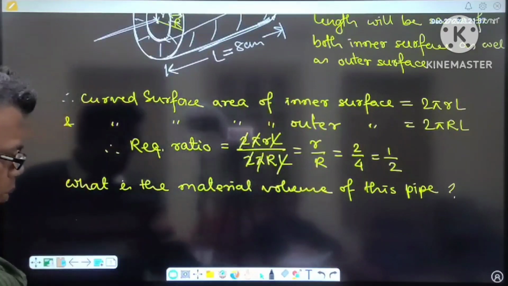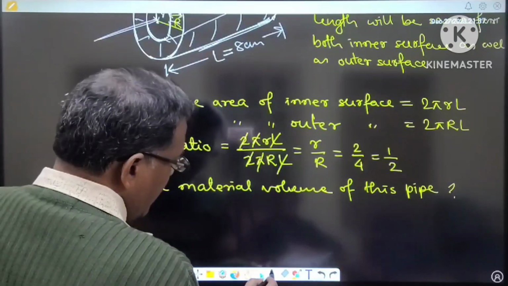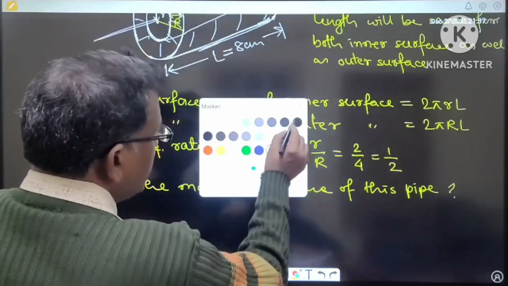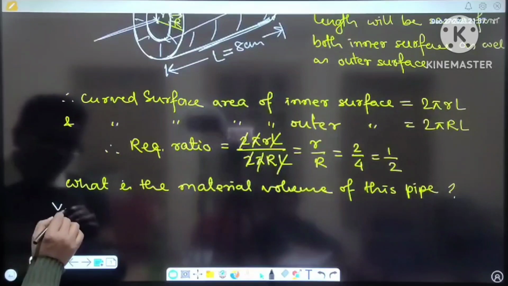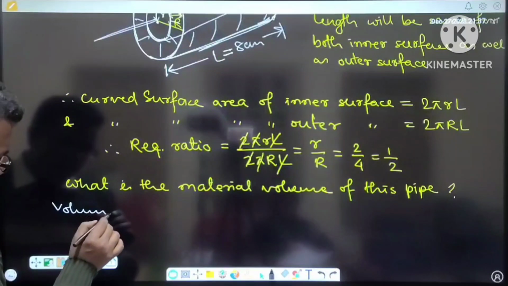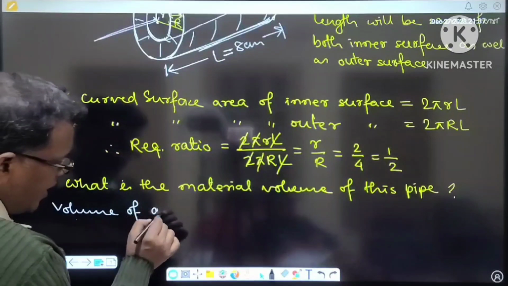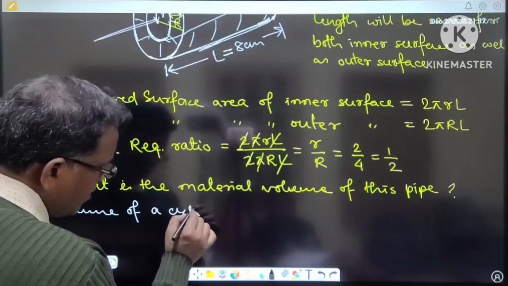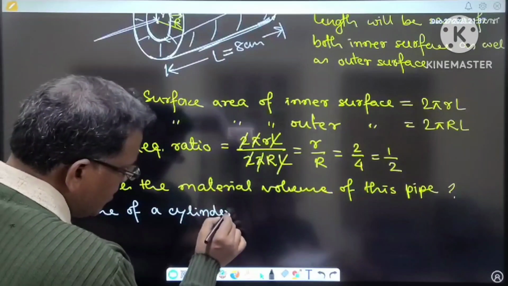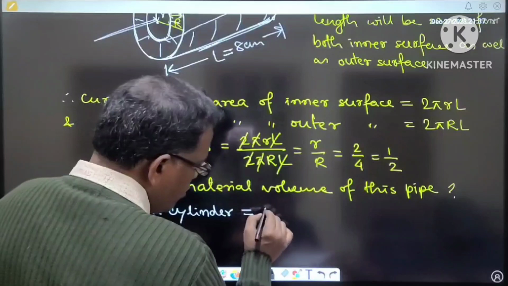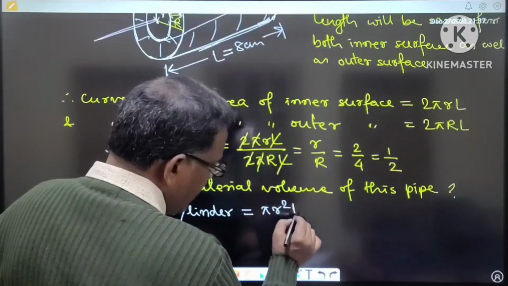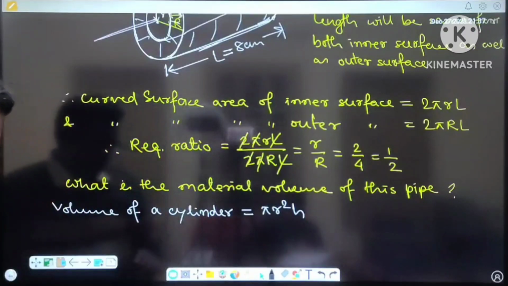Okay, so the volume of a cylinder is equal to pi r square h, right? This is a basic formula.